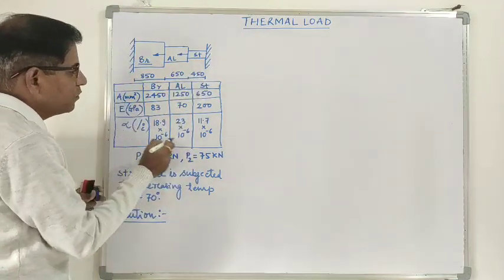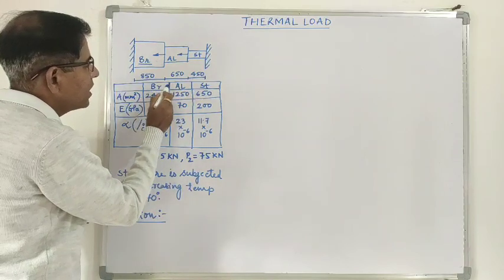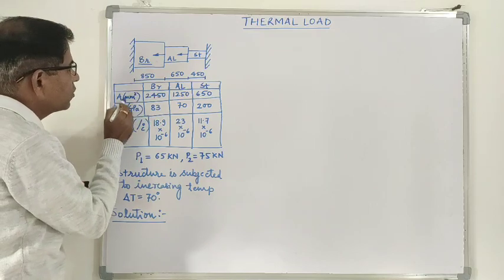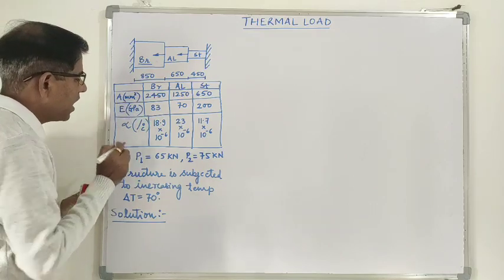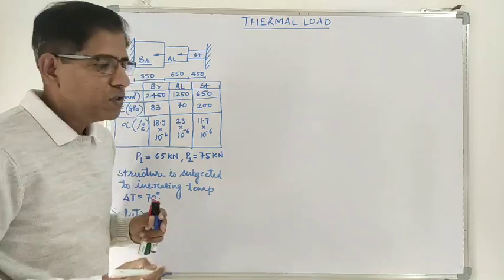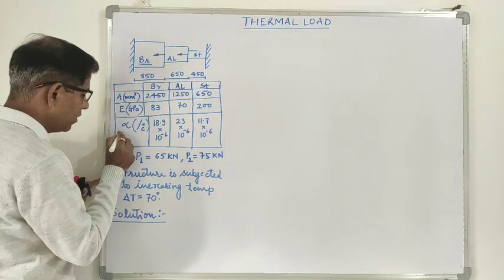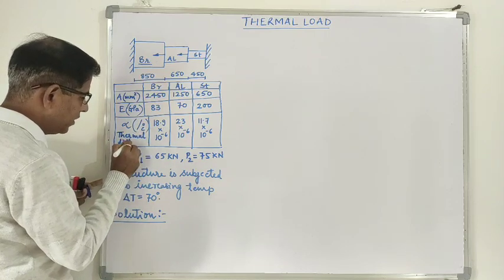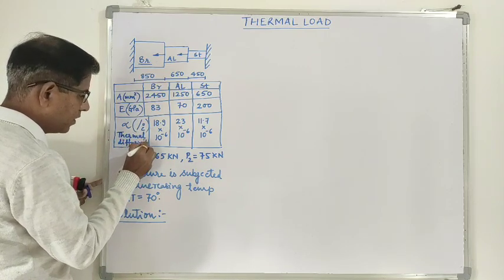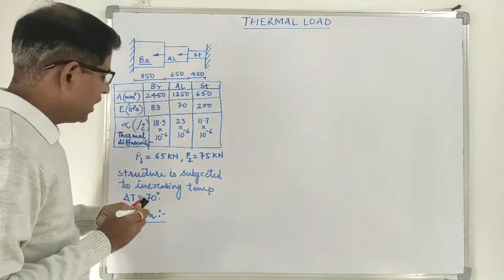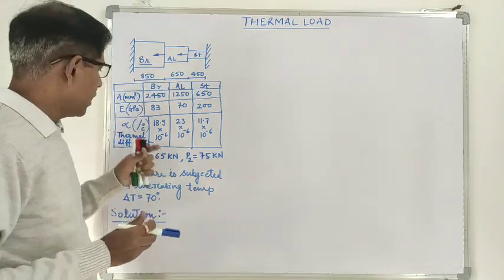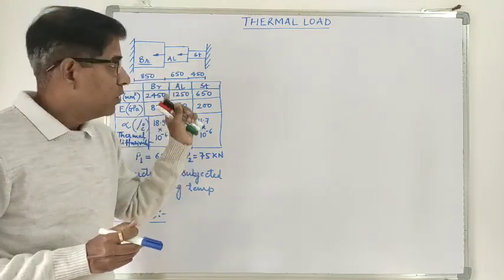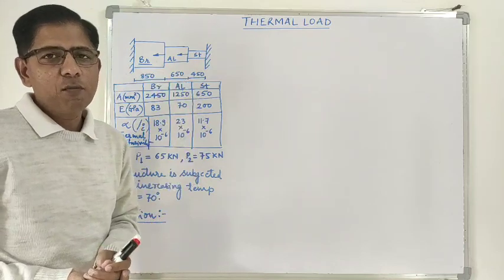The physical values of brass, aluminium, and steel are given: the cross-sectional area, Young's modulus, and the thermal diffusivity. Whenever thermal diffusivity is given, that means you have to consider the thermal load for solving this kind of problem.